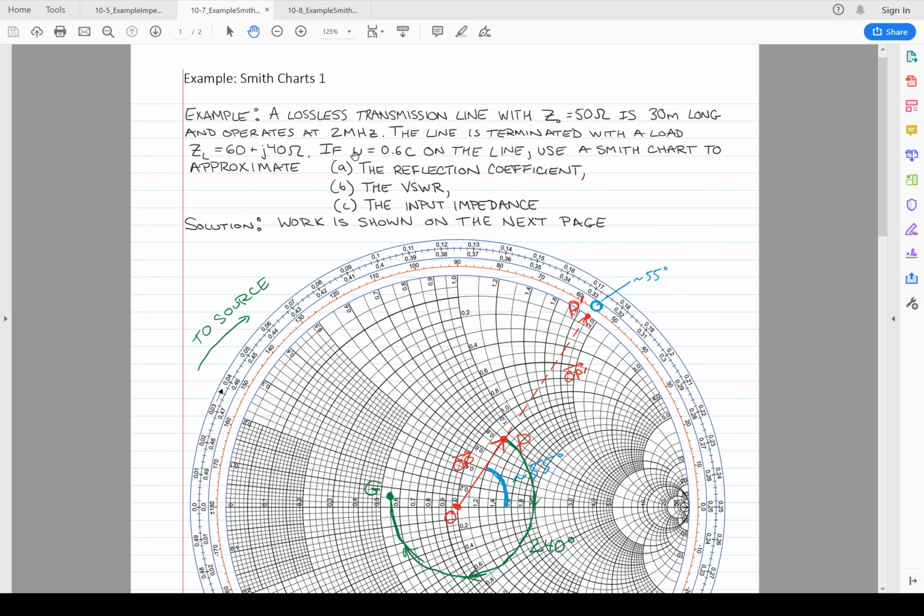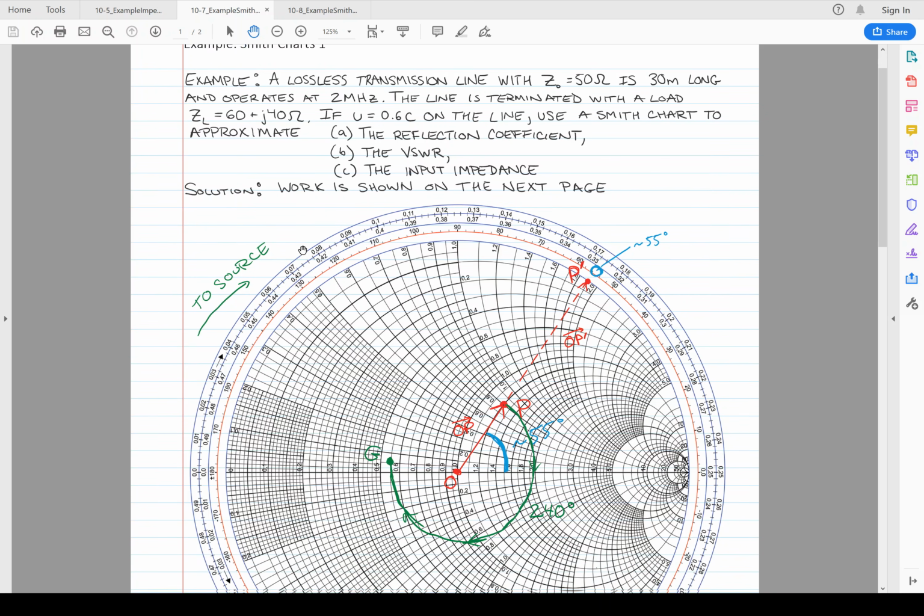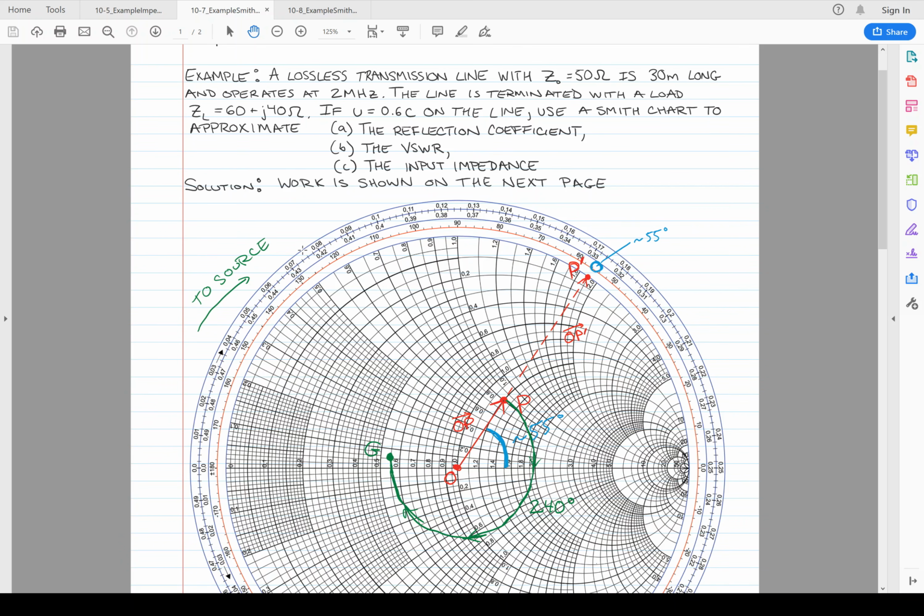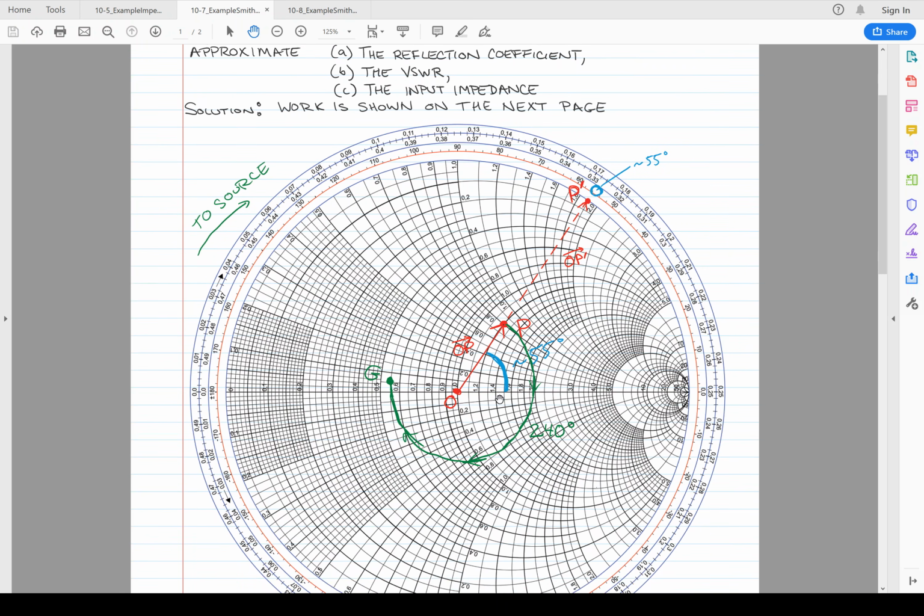If u, the speed of the wave, is 0.6 c on the line, where c is the speed of light, use a Smith chart to approximate the reflection coefficient, the VSWR, the voltage standing wave ratio, and the input impedance. I say approximate here because that's what you can do on Smith charts. You're approximating because you're taking measurements, and your measurements are only so accurate, up to a certain point.